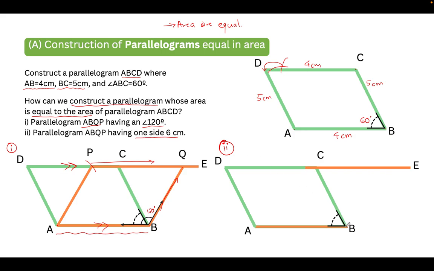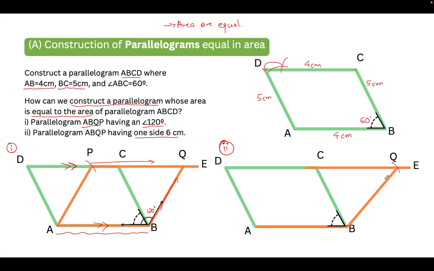So you will first set the compass to 6 centimeter radius, and then make an arc from here. This will be the arc, and we will join the point B up to this arc, so that it becomes BQ.